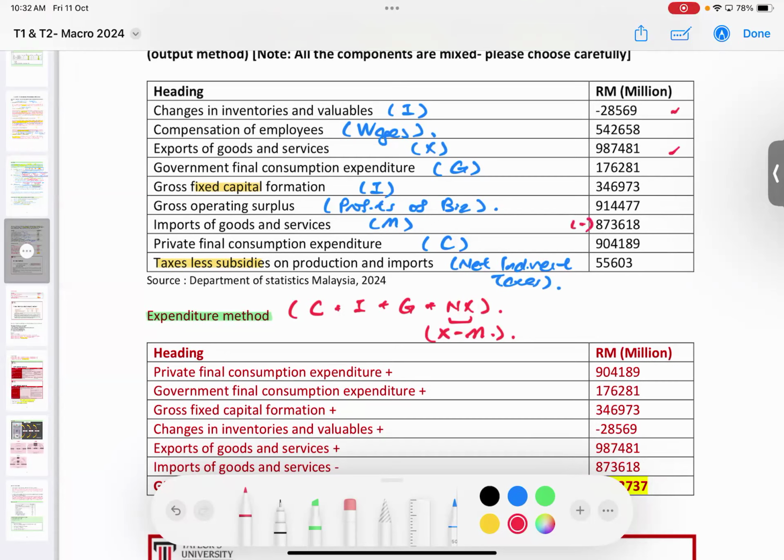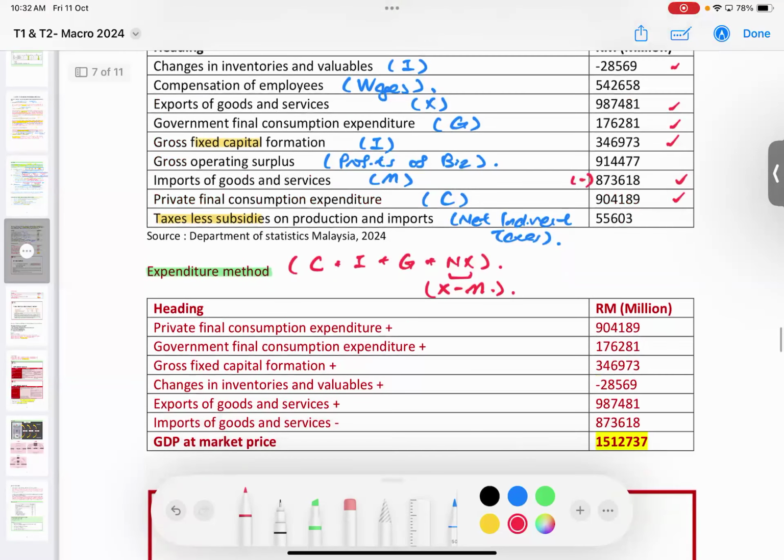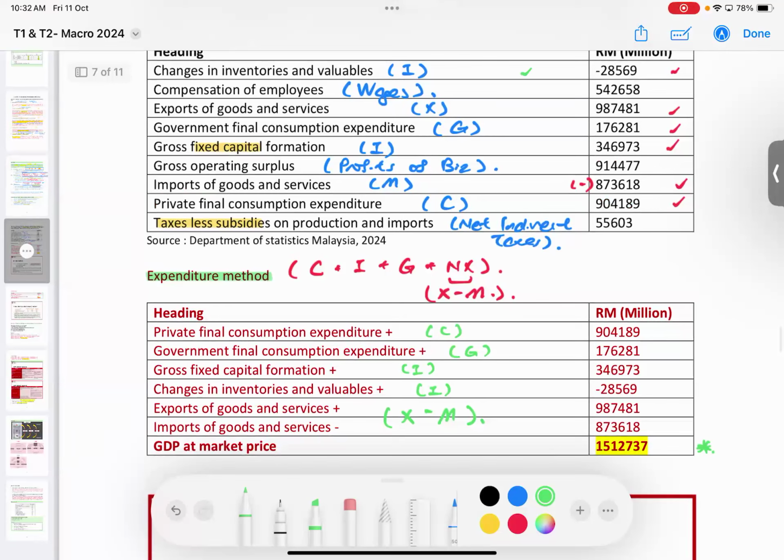Then add up government spending, this investment, and this consumption. You can see the workings here: this is my consumption, this is my government spending, this is the investment that I categorized, and this one is exports minus imports. And you get these answers. You just add up all the components related to C, I, G and X.